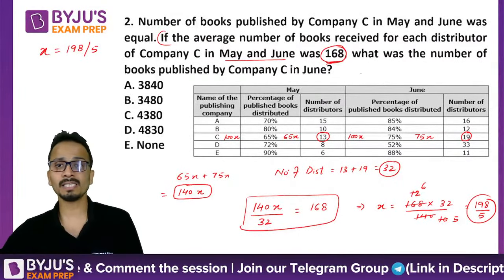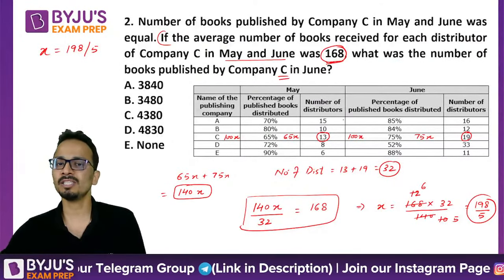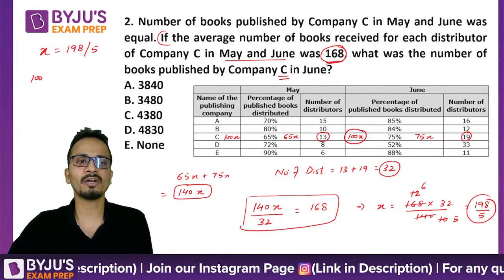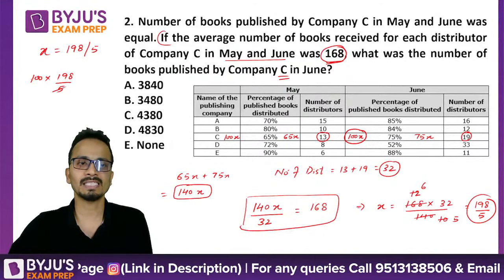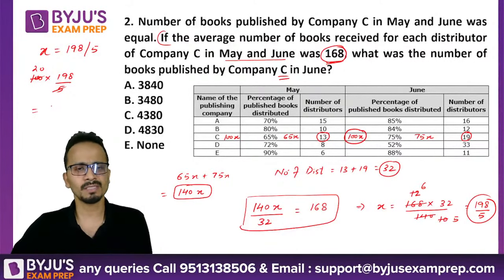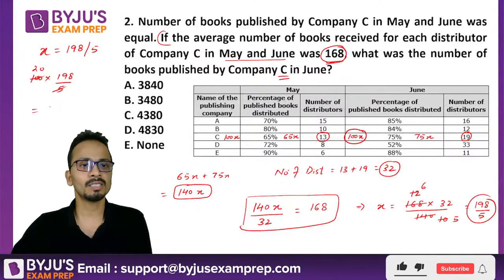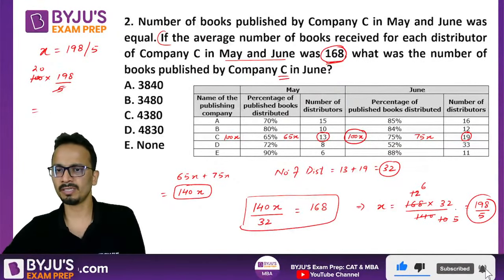Now what they are asking is, what was the number of books published by company C in June? The number of books published was 100x. So 100 into 198 divided by 5. Cancel, 20 comes. So 198 into 20, the value will come out to be... one second, I have made a mistake.